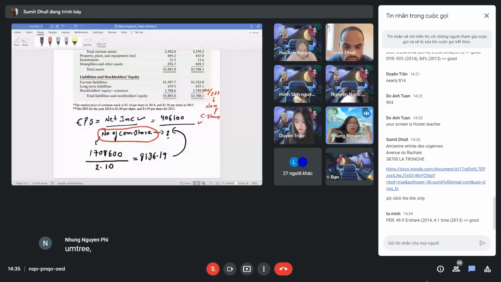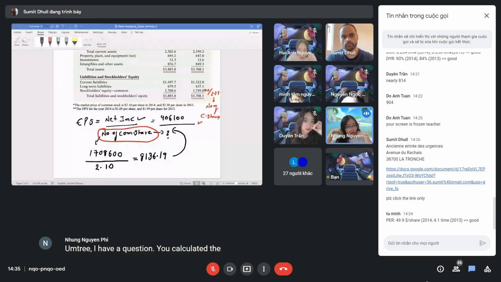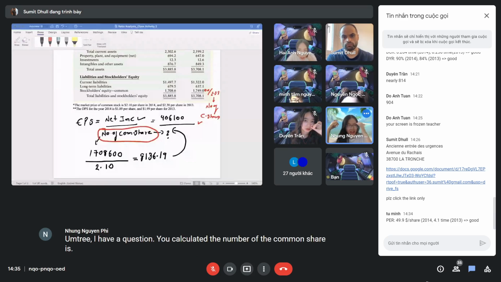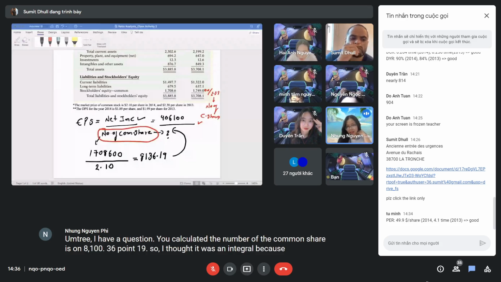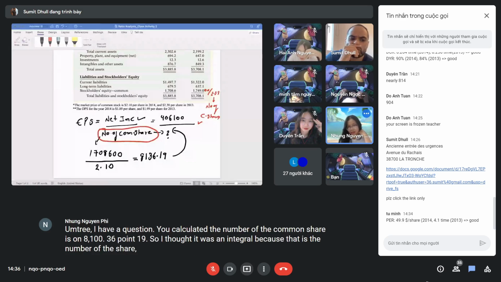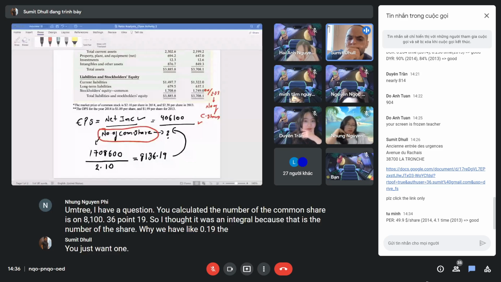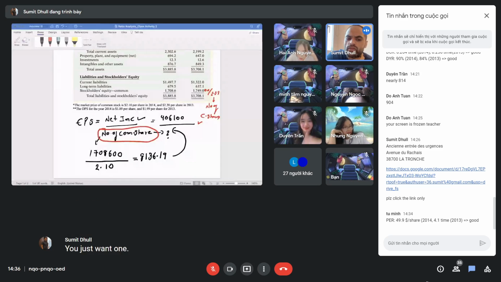Teacher, I have a question. You calculated the number of common shares as 8,136.19. So I thought it should be an integer because that is the number of shares. Why do we have 0.19 there? You want to use 8136, not 0.19?